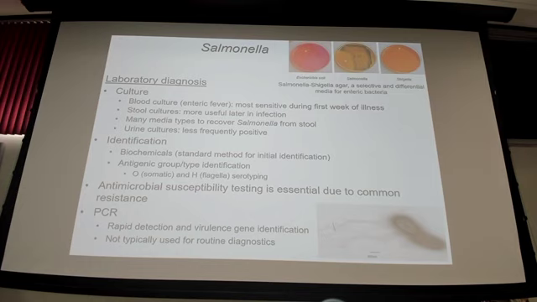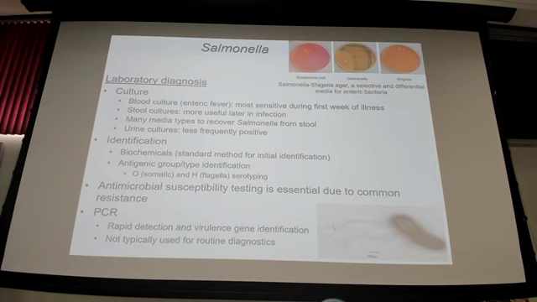Once we grow up Salmonella, we can do further typing analysis using antisera against those antigens that we talked about. Real quick, do you guys remember those 3 antigens for Enterobacteriaceae that are widely useful for typing purposes? O, the somatic polysaccharide. H, what was H antigen?